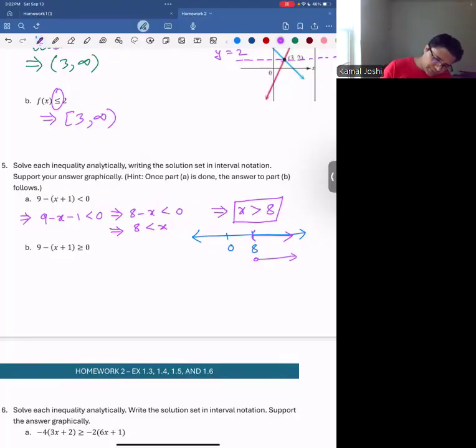Okay. And it says that, if you read the question, once part A is done, the answer to part B follows. And that is because everything else is the same except the inequality itself, right? Instead of less than 0, it is equal or greater than 0 now. That means I didn't have to redo the whole work.